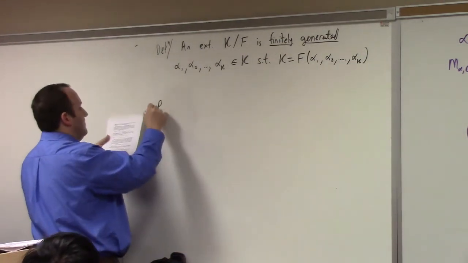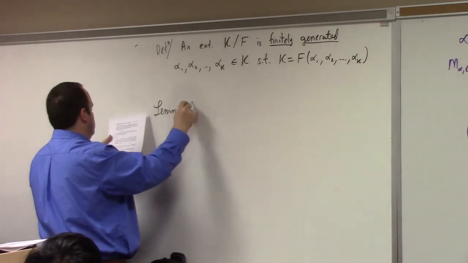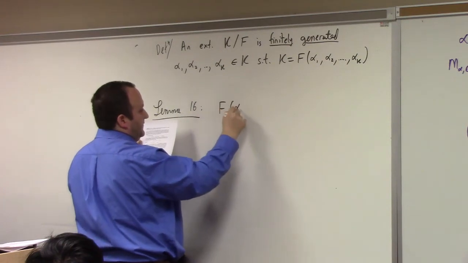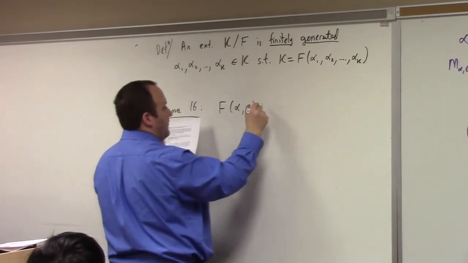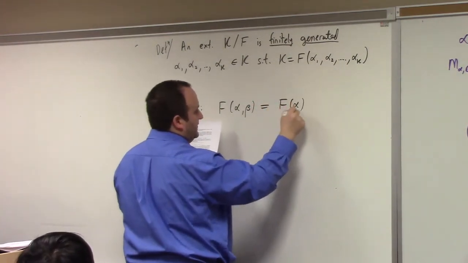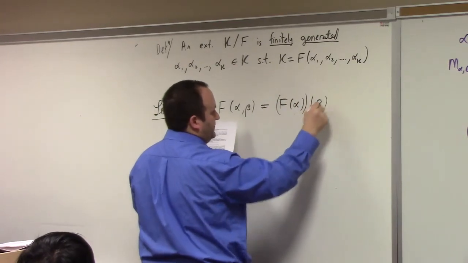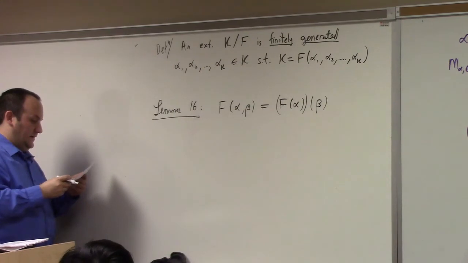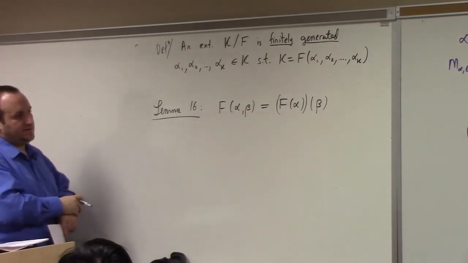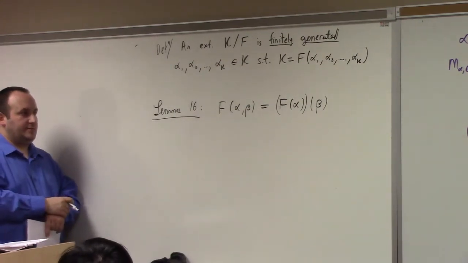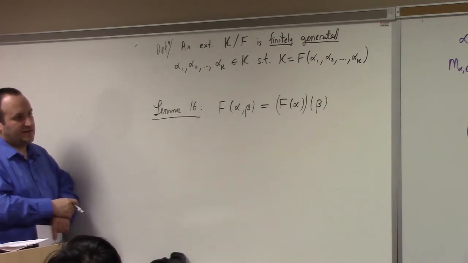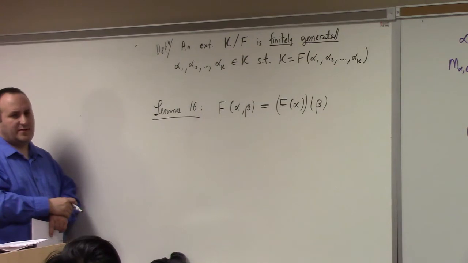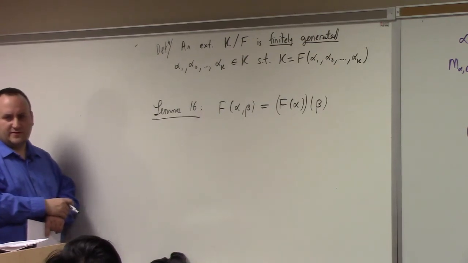Now, lemma 16. We have that F adjoin alpha beta is F adjoin alpha adjoin beta. So if we think about this, the proof is essentially just by minimality. This is much like if we talk about polynomials in two indeterminates.